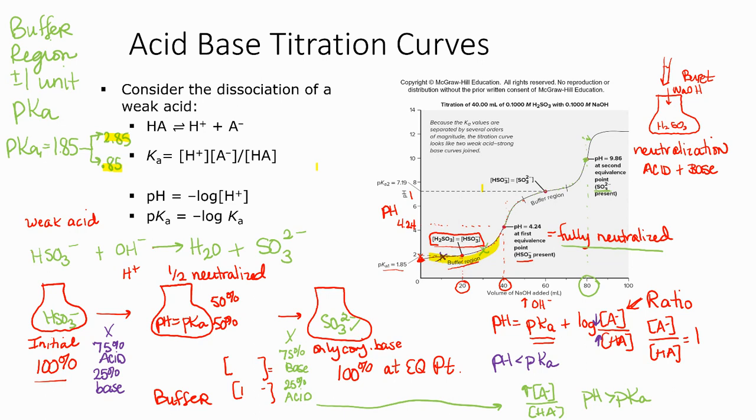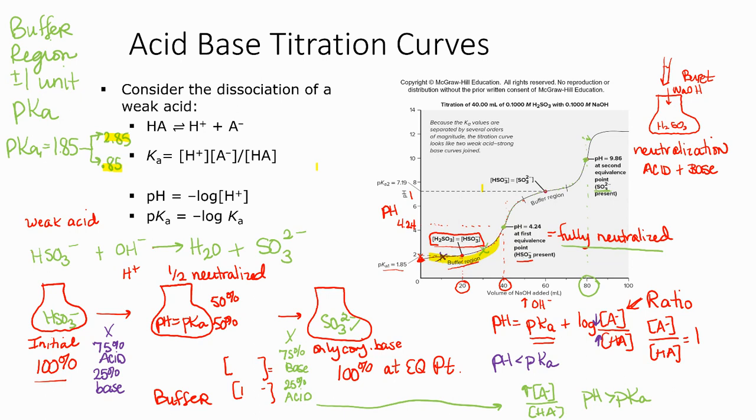Okay, so at second equivalence, you have sulfite ion, which I've shown here. In between the initial point, which was here, the first equivalence, HSO3 was the base for H2SO3, but now HSO3 negative is now the acid for the next ionization. So that guy is going to continue to ionize.